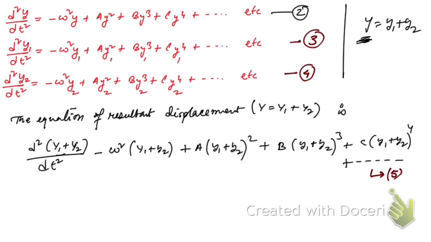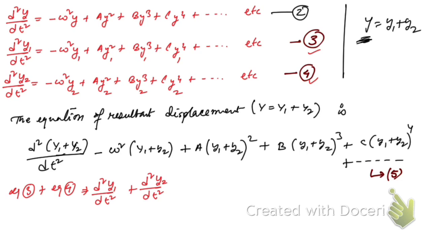Now let us add equation number 3 and 4. Adding equation number 3 and equation number 4, we are going to have this one plus d square y2 by dt square.